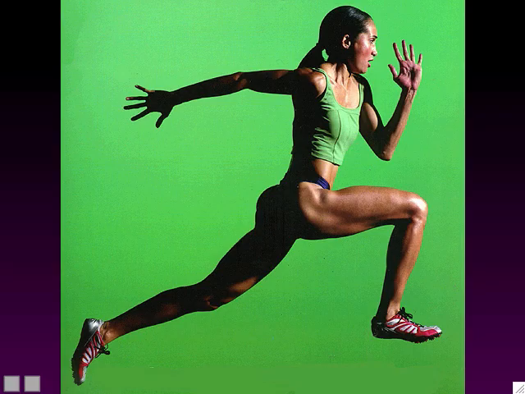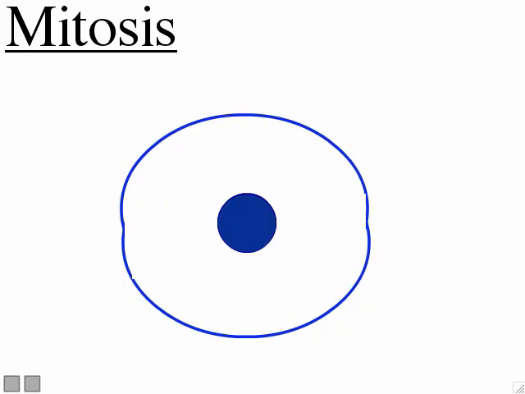Okay, so let's look at a cell dividing by mitosis. Here's the cell. You can see the nucleus in the middle, the cell membrane, and this represents the cytoplasm of the cell. A cell that's going to divide by mitosis is called a mother cell. So this is a mother cell. Mitosis is a two-step process.